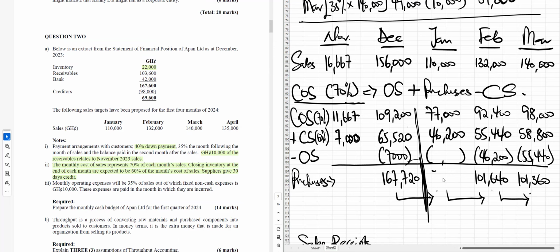So we'll use the 22 that they gave us. Do you understand? As the opening stock, yes. The 22 that they gave us, because that's the inventory that the balance sheet has provided. So we go with that one. So it means that here we should have gone with 22,000 rather. Makes sense. And that gives us what?